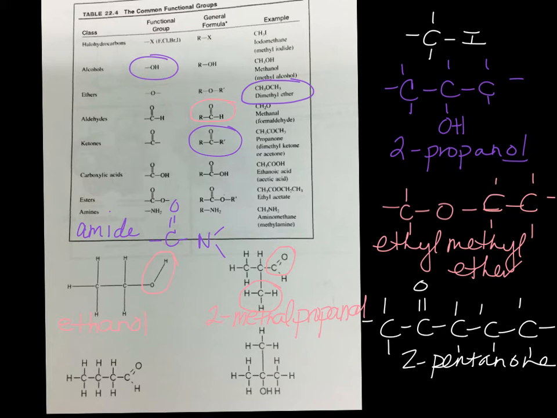So the 2-methyl tells me, I spelled that wrong, the location of the methyl group. Prop tells me my main chain is 3 carbons long. The al ending tells me that it is an aldehyde.